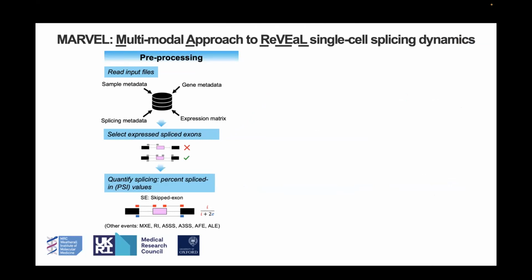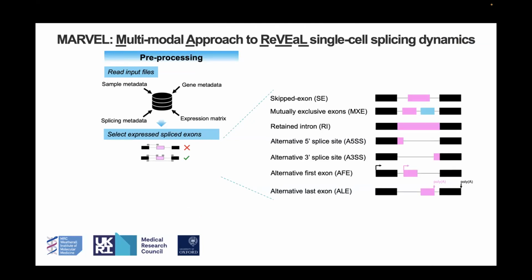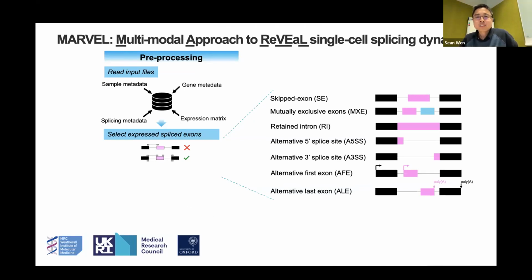One question can I ask? For the splicing metadata, could you explain that? What are the files we need to use your tool? Okay, Marvel is designed in a way that is agnostic to the software used to generate the splicing metadata. For example, my favorite software to generate the splicing metadata is rMATS.